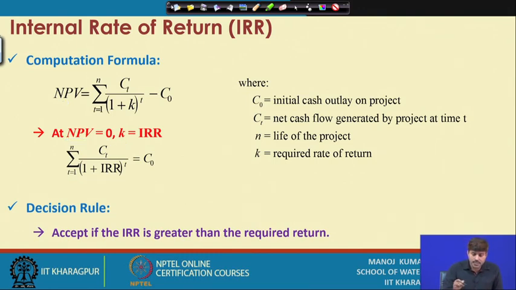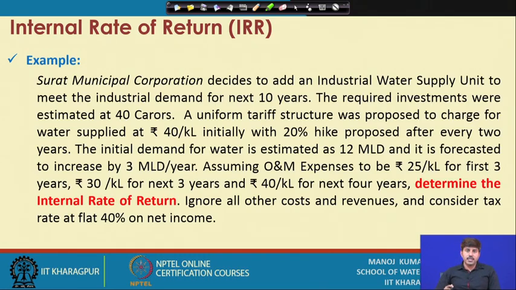Let us see a worked out problem to see how the internal rate of return is estimated. We will take the same problem which we took in the earlier session: the Surat Municipal Corporation proposing an industrial water supply unit for meeting the industrial demand in the next 10 years.